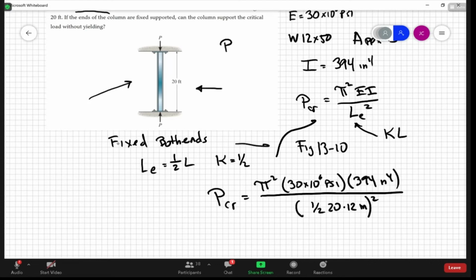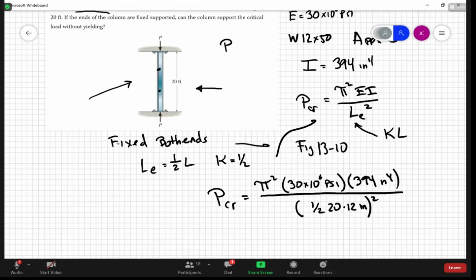Yeah, it's going to be greater, because length is in the denominator. The effective length has become smaller, so it's going to be able to support more load. So actually the worst condition is free, then pinned, and then fixed. But you can also have a mix of those.